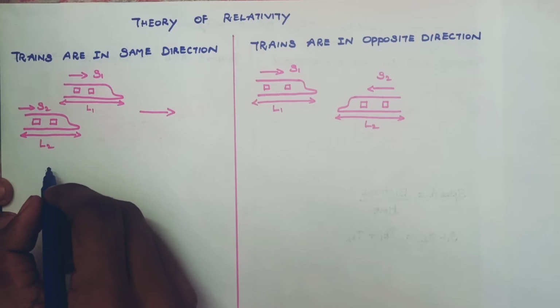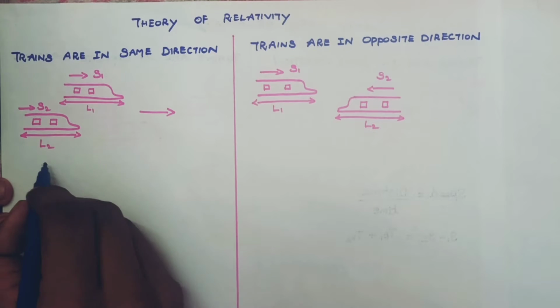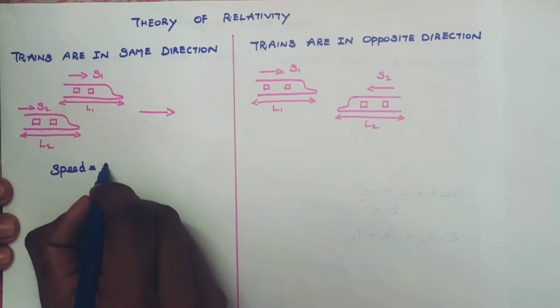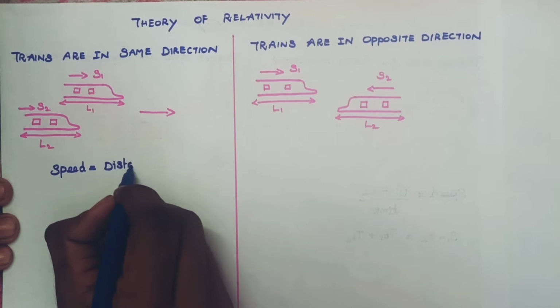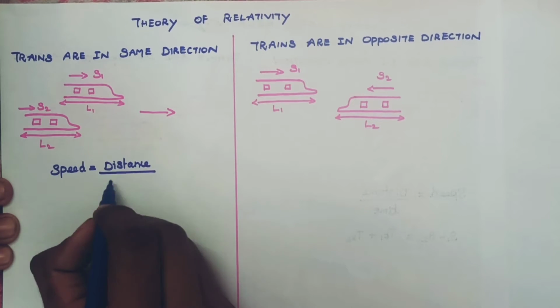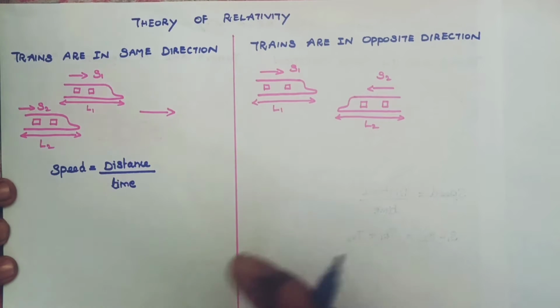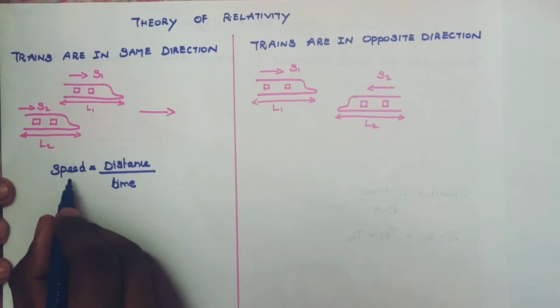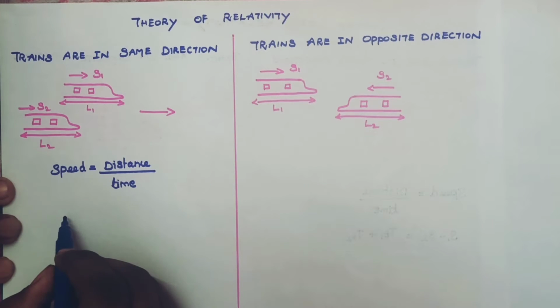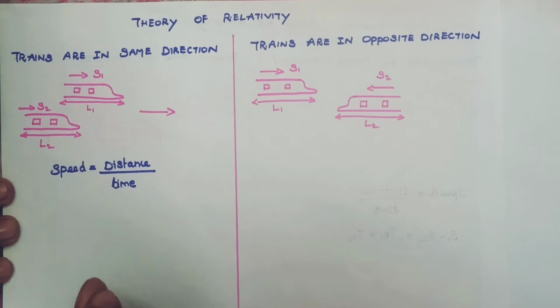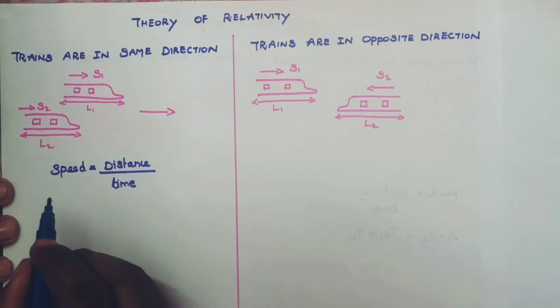Now, what is the basic standard formula for speed? Speed equal to distance divided by time, right? So here, as in the example, you have to subtract speed 2 from speed 1 if the trains are in the same direction.